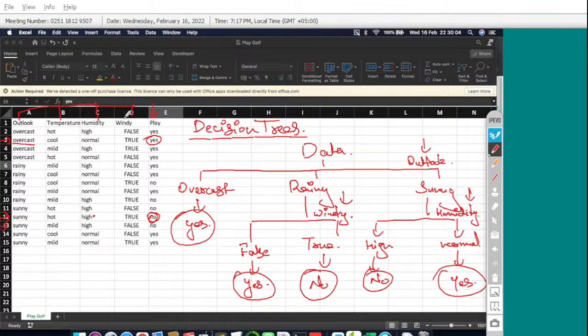We are creating a tree based on the decisions, and if we follow those decisions, we are going to get the desired predictions. Clear, everyone?